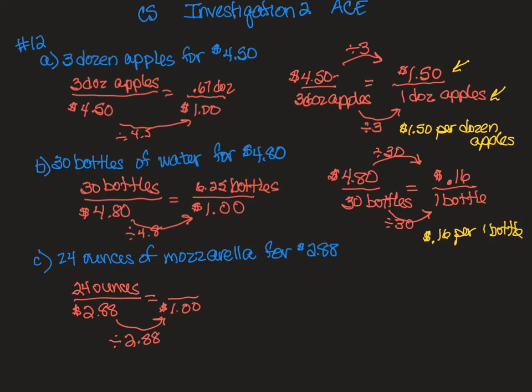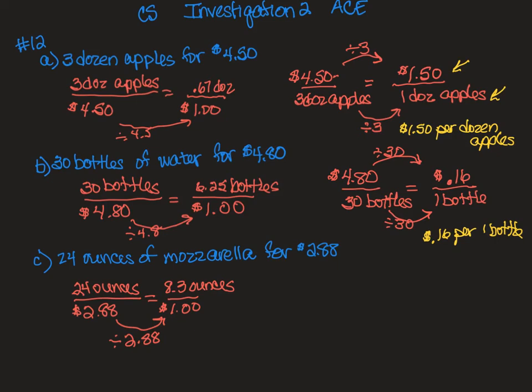So in my calculator, I would put 24 divided by 2.88. And these are definitely messy. So this would be 8.3 ounces of mozzarella I could get for $1.